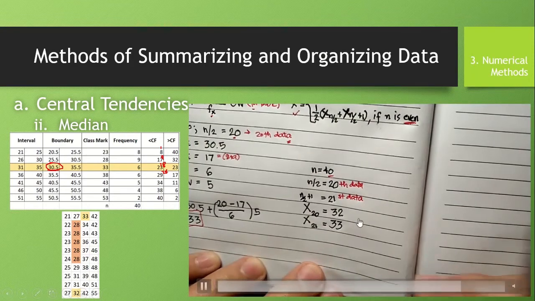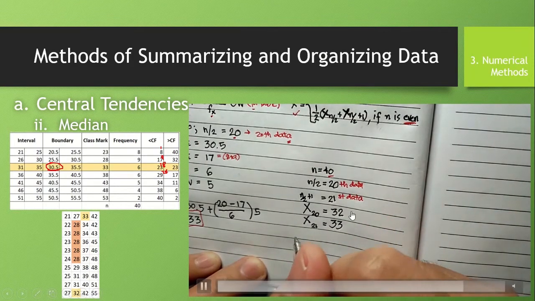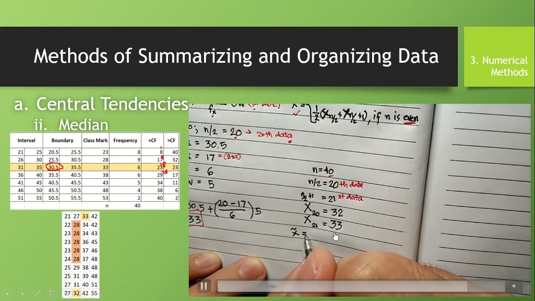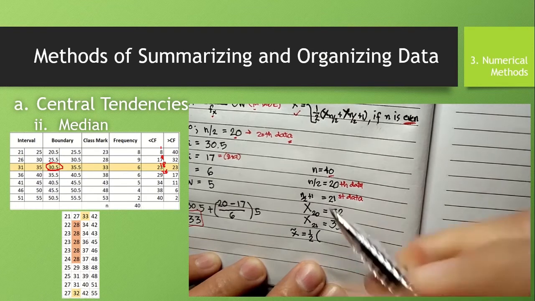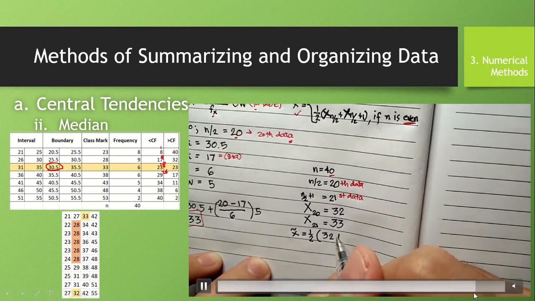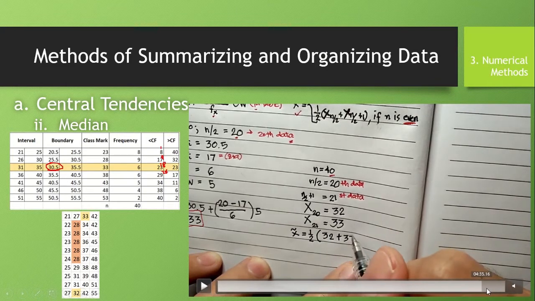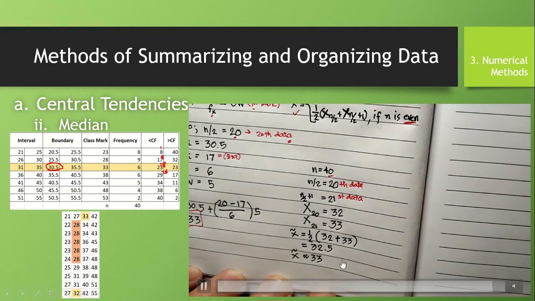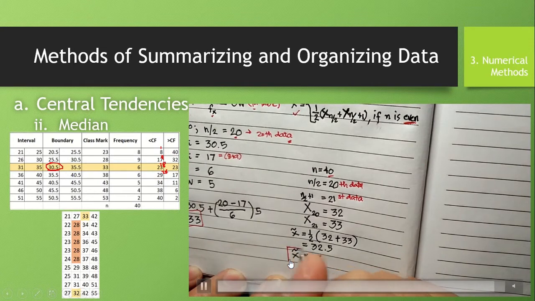Okay, and after that we will get the average. Now we will divide x sub 20 and x sub 21 by 2. So that's 32 plus 33 divided by 2, and we'll get 32.5, approximately 33.